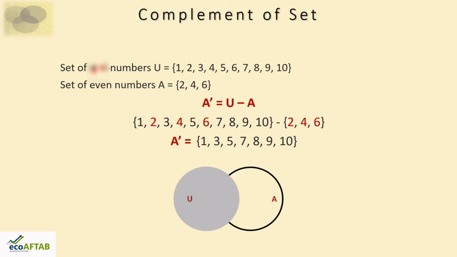The complement of A is all the elements that we find in U but not in A. Anything that is there in A, 4, 6, is excluded, and all the other things that are there in U but not there in A form the complement of A.